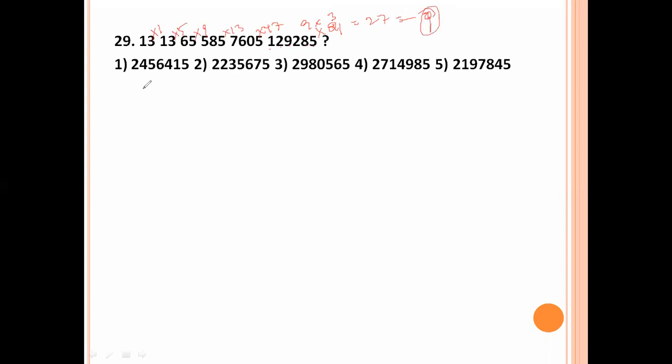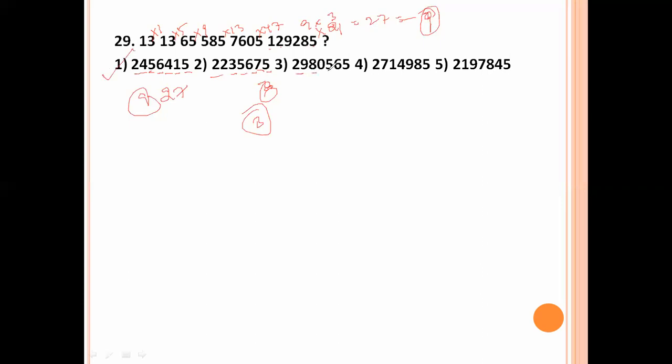Now we find which option has digit sum 9. 2 plus 4 is 6, plus 5 is 11, plus 6 is 17, plus 4 is 21, plus 1 is 22, plus 5 is 27, 2 plus 7 is 9. Next, 7 plus 5 is 12, plus 6 is 18, plus 7 is 25, plus 5 is 30. This is 3. Most probably this is the right answer.